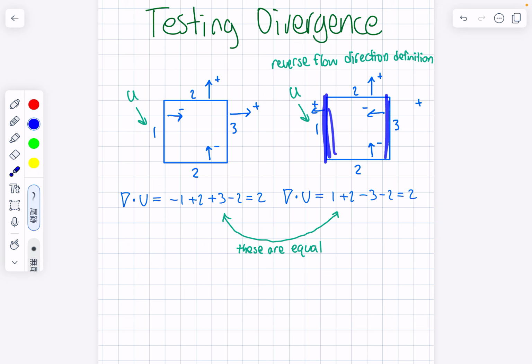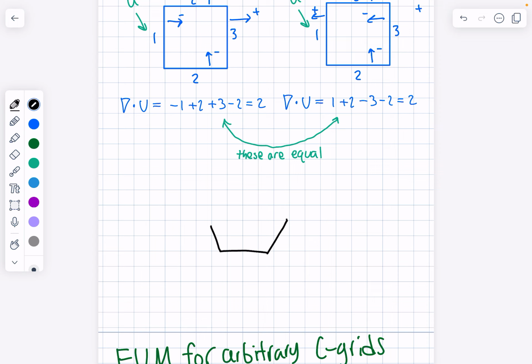Now the issue when it comes to a grid that looks like this, maybe this is a triangle, is how do we come up with a method for initializing these so they are consistent for every single grid? I think that's very complicated.